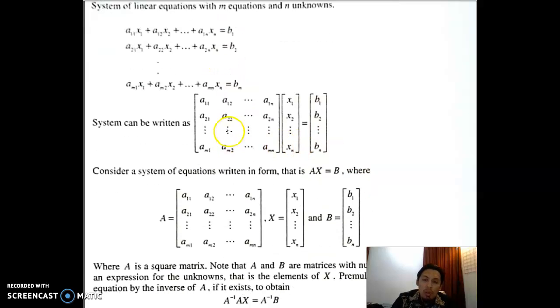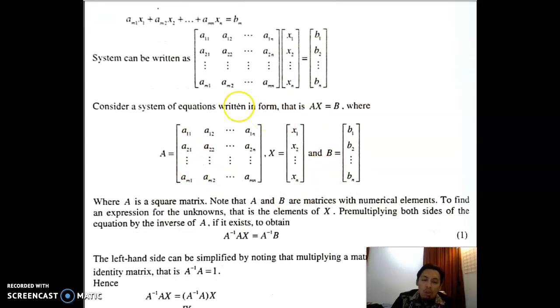So this is how it should be arranged. In the form of a matrix, it is Ax equal to b.